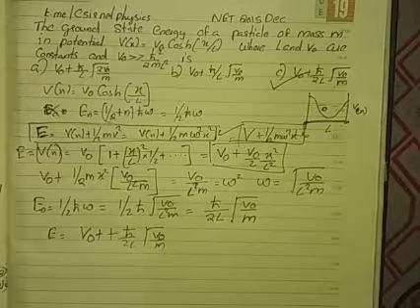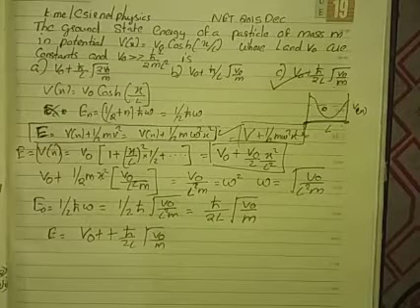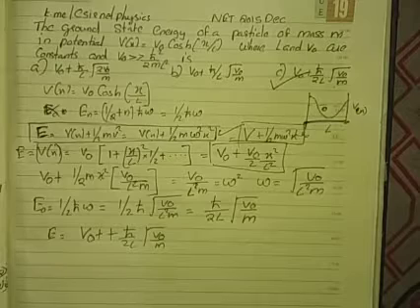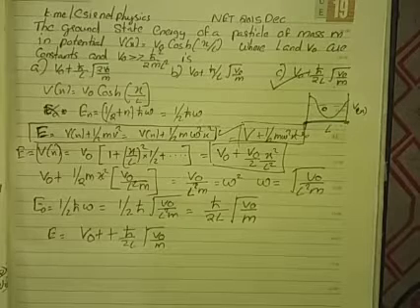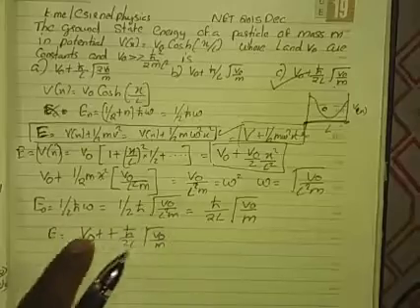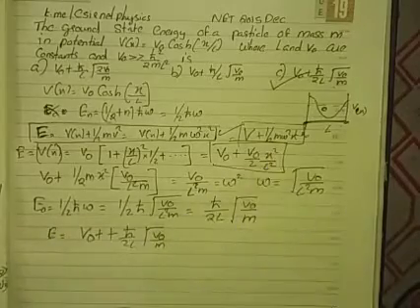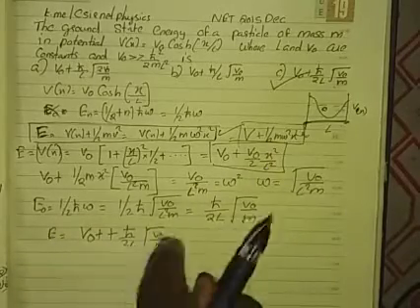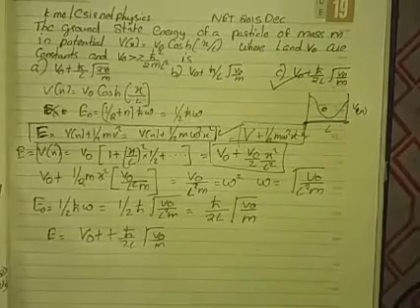This was very simple. You don't have to do much except compare equations. All you need to know is how to find the ground state energy, compare with the equation to find omega, and then substitute omega back into this equation. You get the solution.